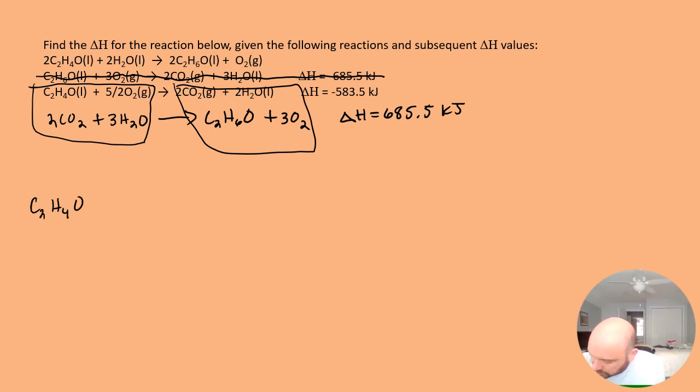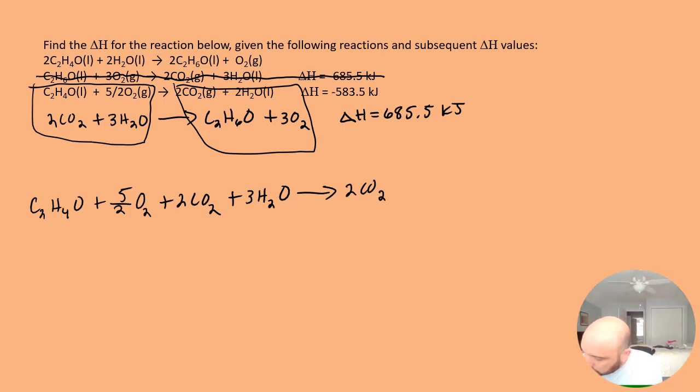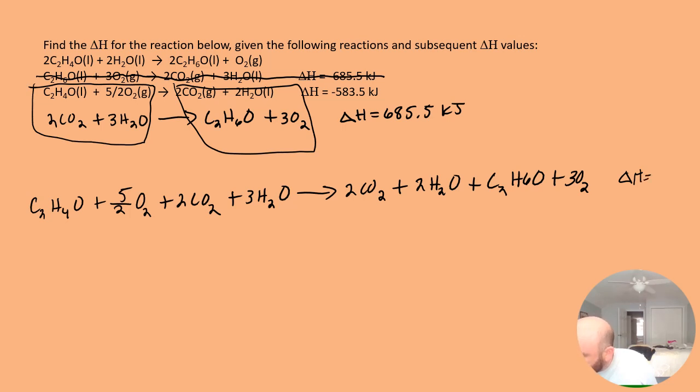C2H4O plus 5 halves O2 plus 2CO2 plus 3H2O yields 2CO2 plus 2H2O plus C2H6O plus 3O2, and the delta H is 685.5 plus negative 583.5. The delta H is 102 kilojoules.